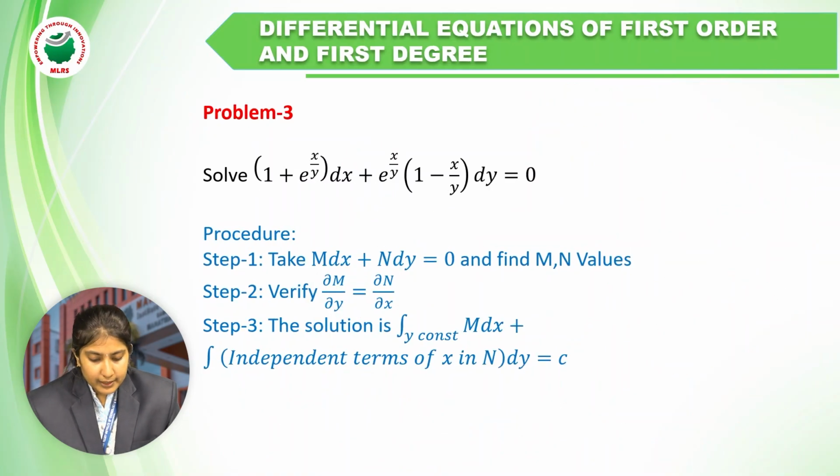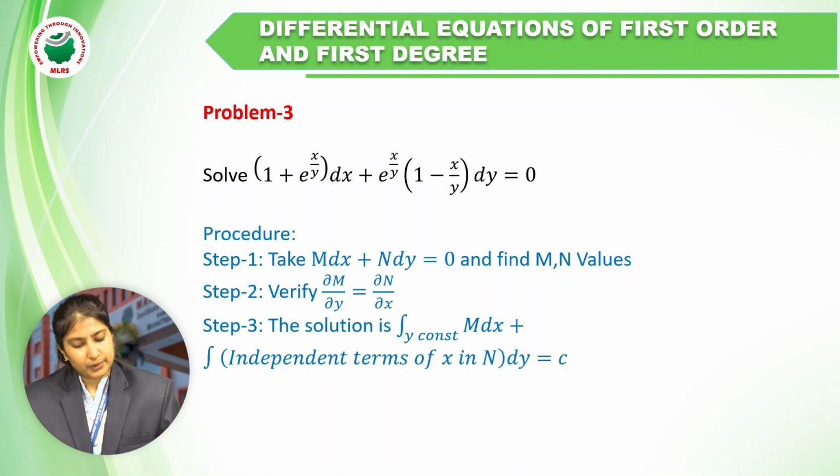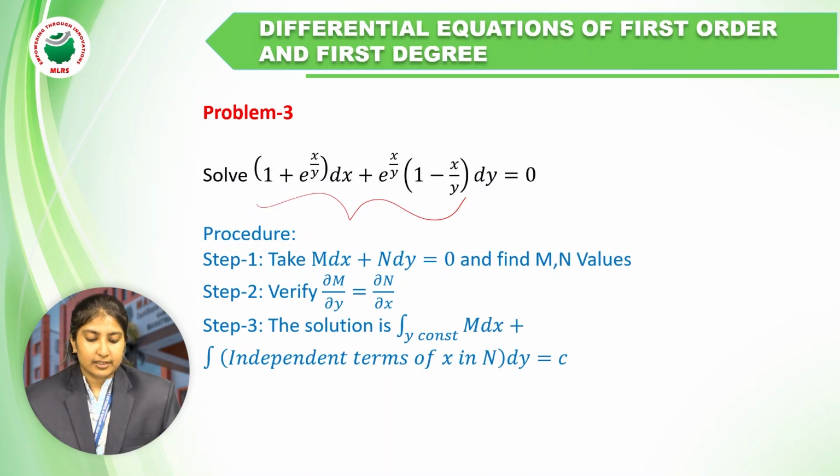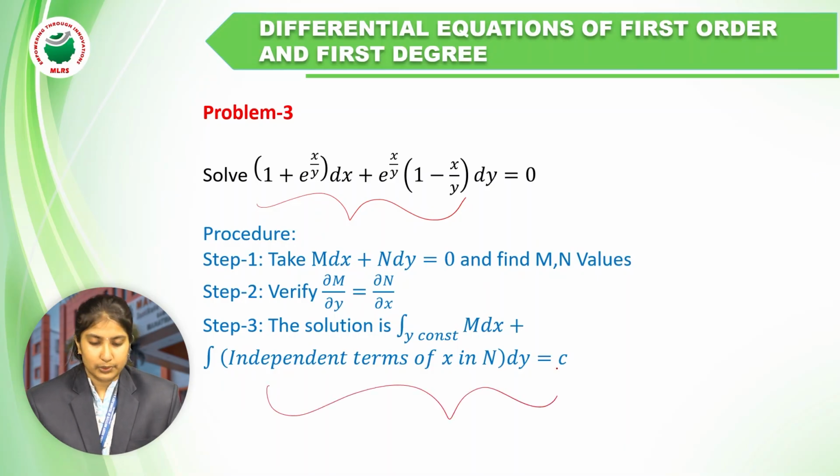Going to the next slide, I'm sorry, we have another sum. For this sum also, the same process. You have to take M dx plus N dy equal to 0. You should have the equation in that form. You can directly take the exactness condition, verify whether it is satisfied or not, and then find the solution.